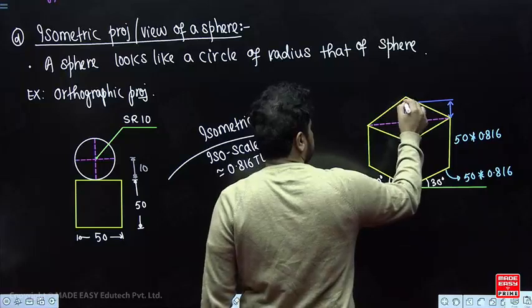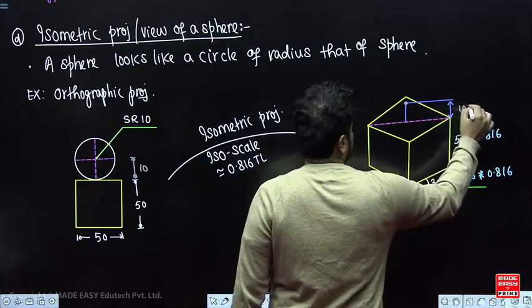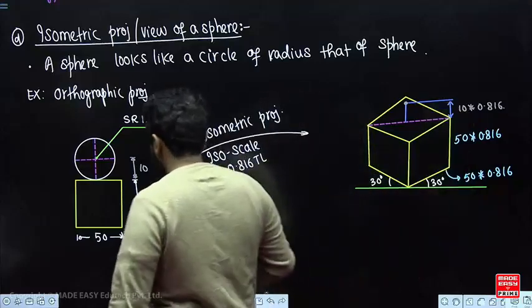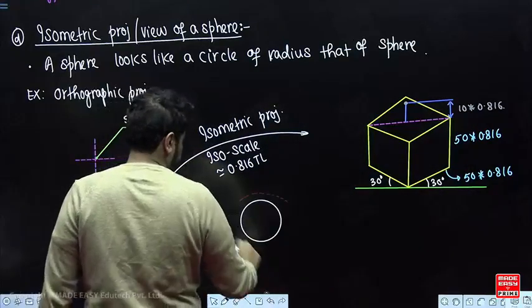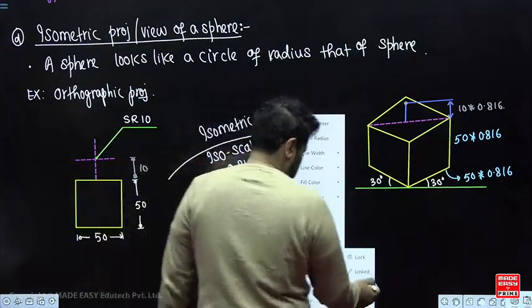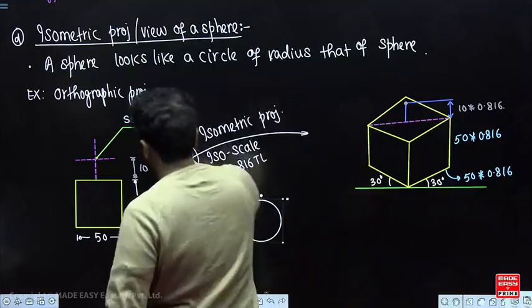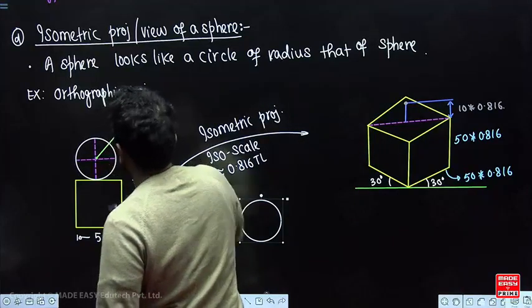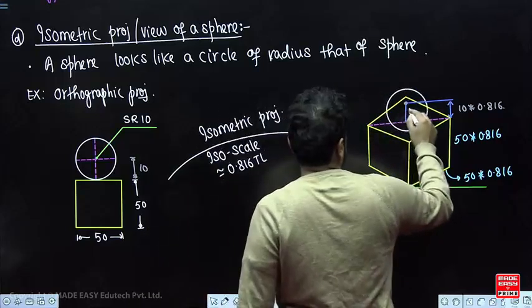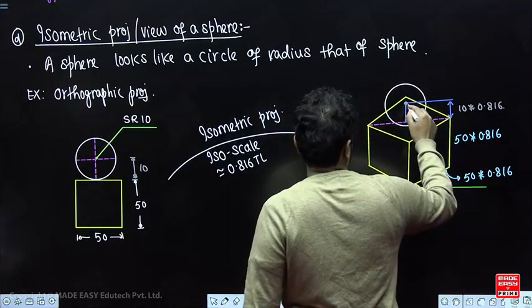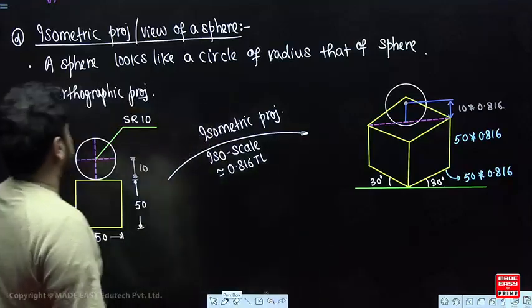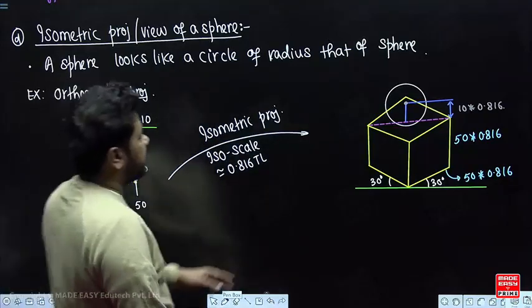This is the center, at 10 into 0.816. You can see that some portion of the circle is lying exactly below the diagonal.